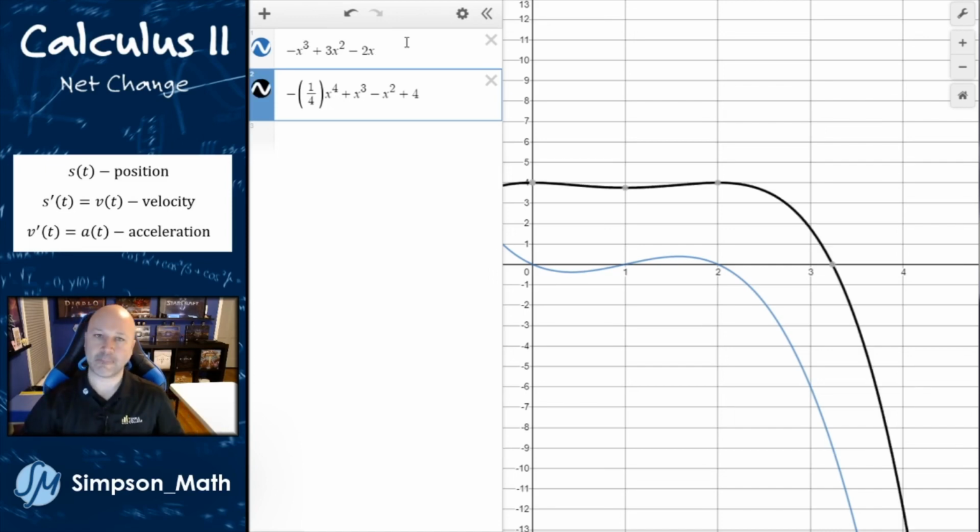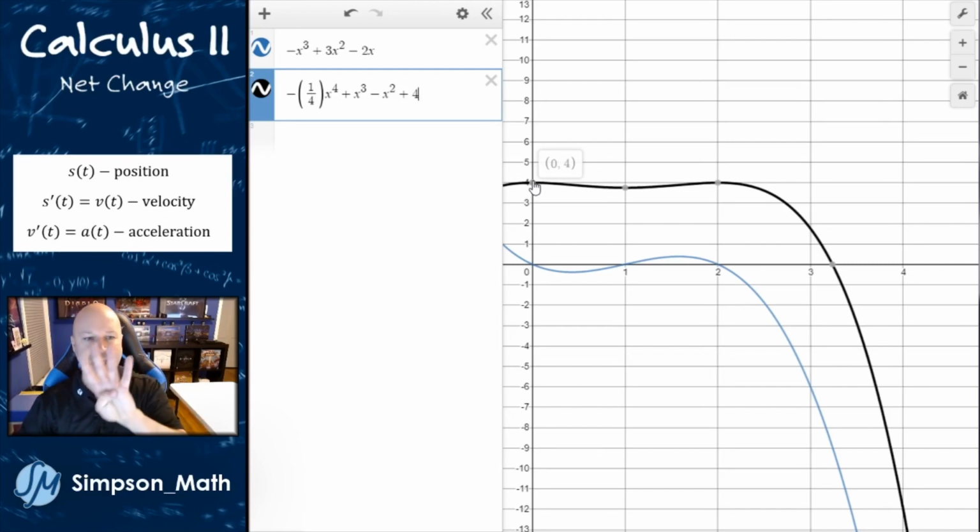There we go. Now notice the plus 4 is not all that important, actually, because we're just talking about the change in position. So here I have in black a position function.